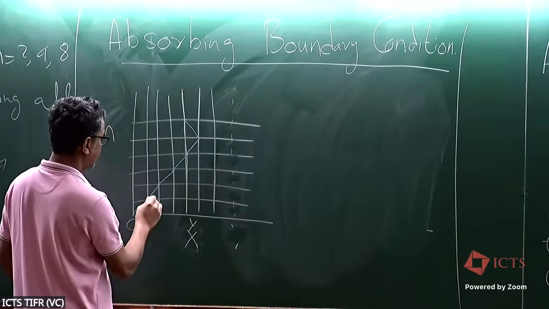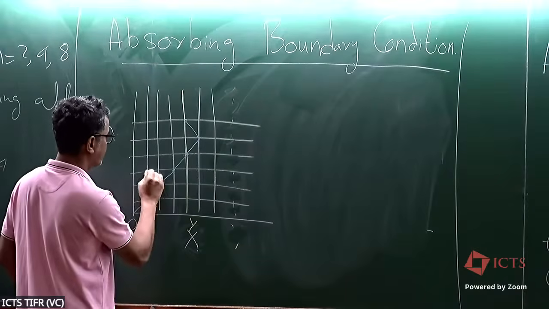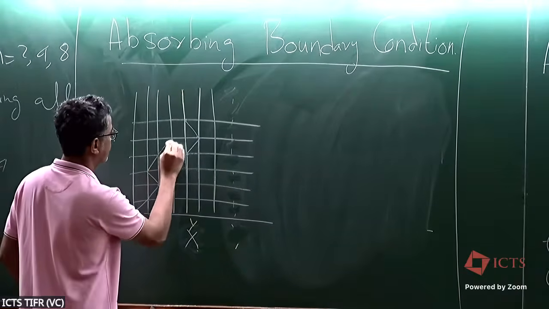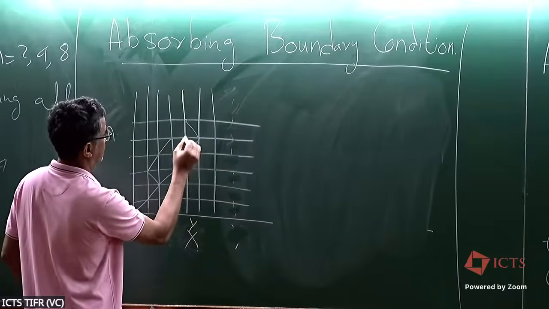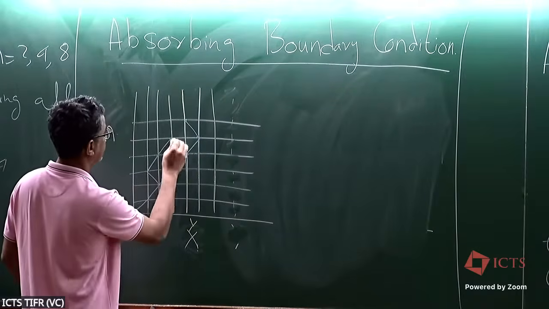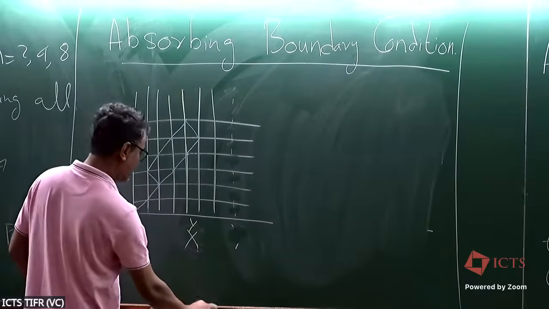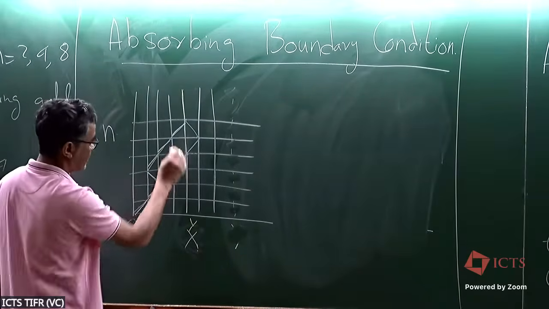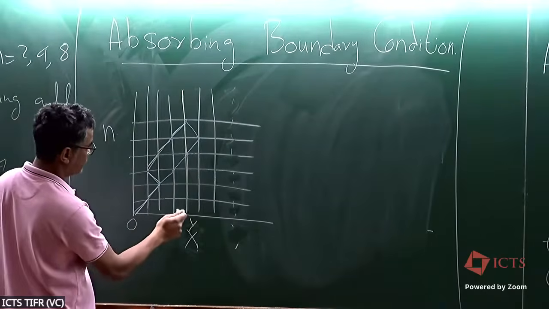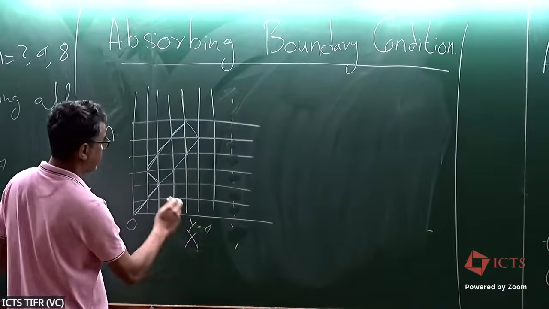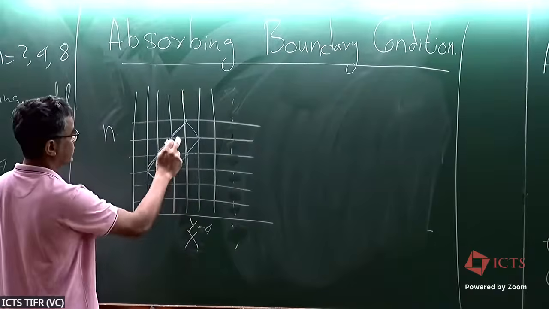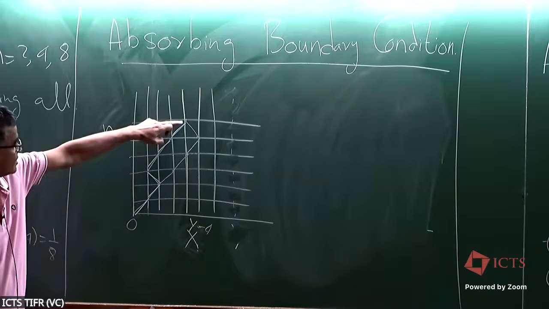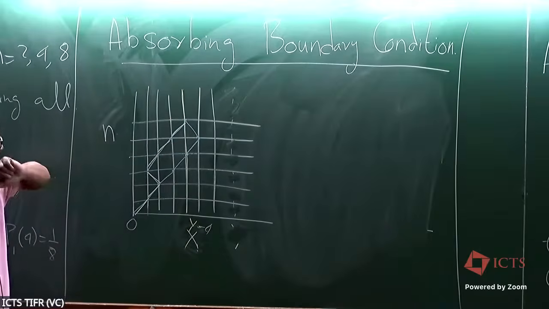Then there are some walks which maybe look like this. So these are 2 possible paths which arrive at y equal to 4 after 6 steps.